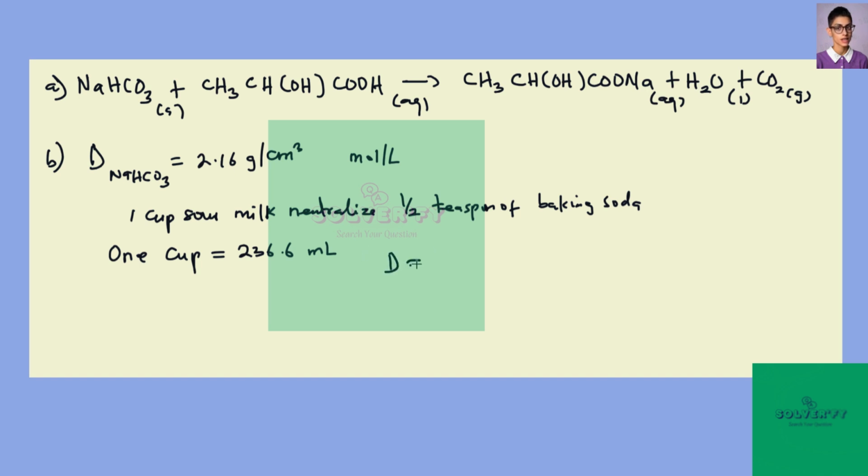Therefore, density is mass divided by volume, so the mass will be equal to density times volume. We're given the density to be 2.16 gram per cubic centimeter multiplied by 236.6 cubic centimeter.